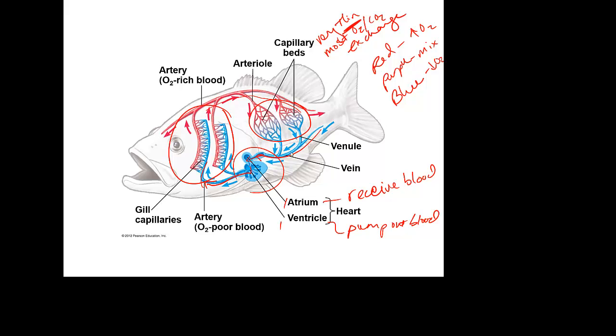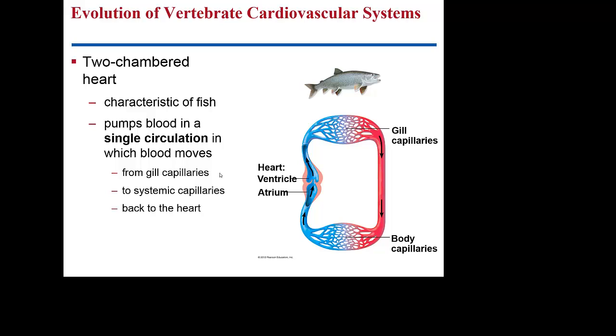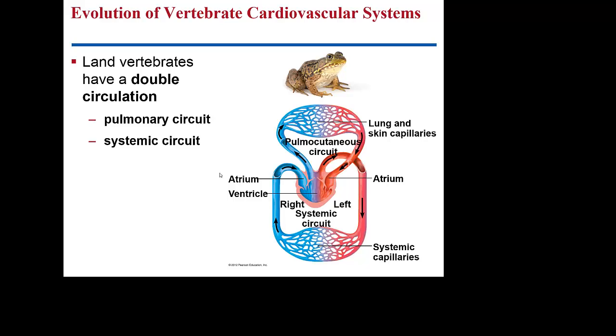When we come back through to the heart, at this point we have very little oxygen left. The fish muscles and tissues have used up most of it. So the heart is going to work on pumping that blood back across the gills and start all over again. This two-chambered heart works fine for them as far as this exchange system because of the gills. But when we get into other organisms, this isn't going to work quite as well.